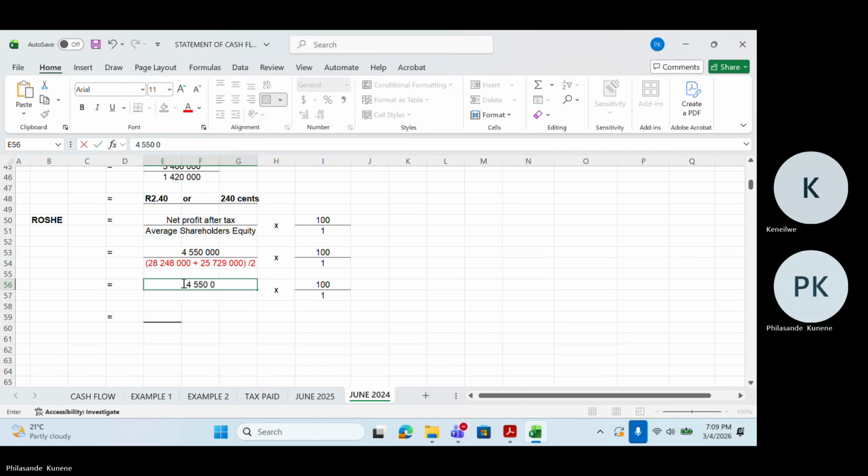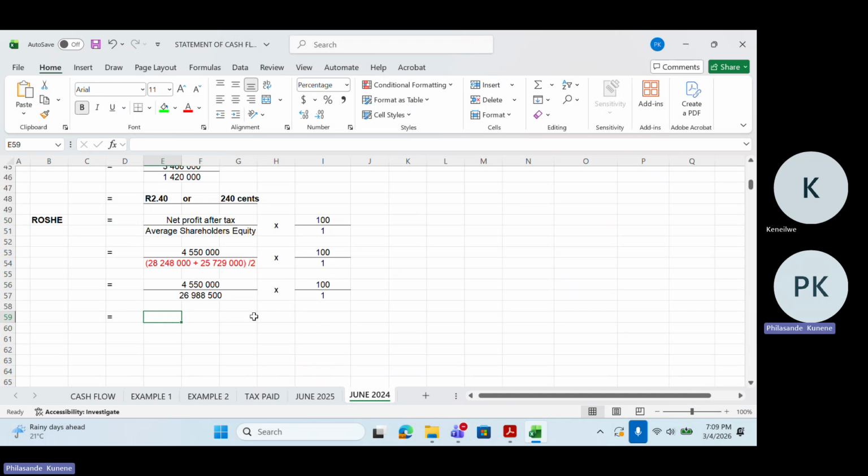Okay, then now I will have 4,550,000 over how much? What do we get if you break down this amount? 26,988,500 rands. Okay. Then now multiply this over this, multiply by 100.